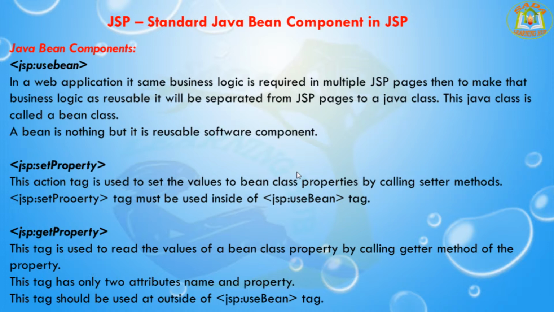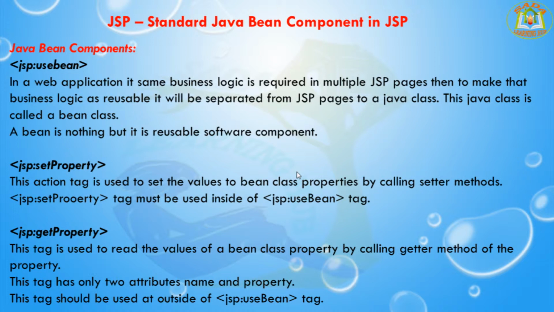Those are: a class must be public, meaning a Java bean must be public. The class must contain a public zero-argument constructor, meaning a default constructor. Whatever the bean is, it must contain a public zero-argument constructor.